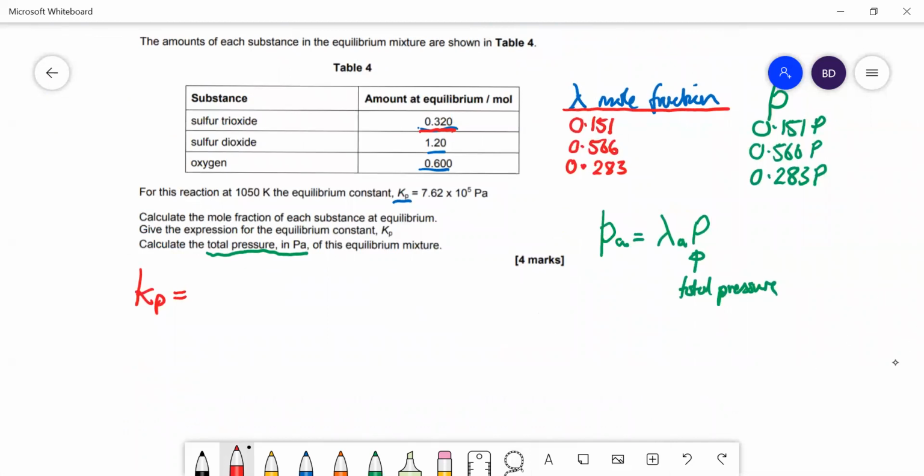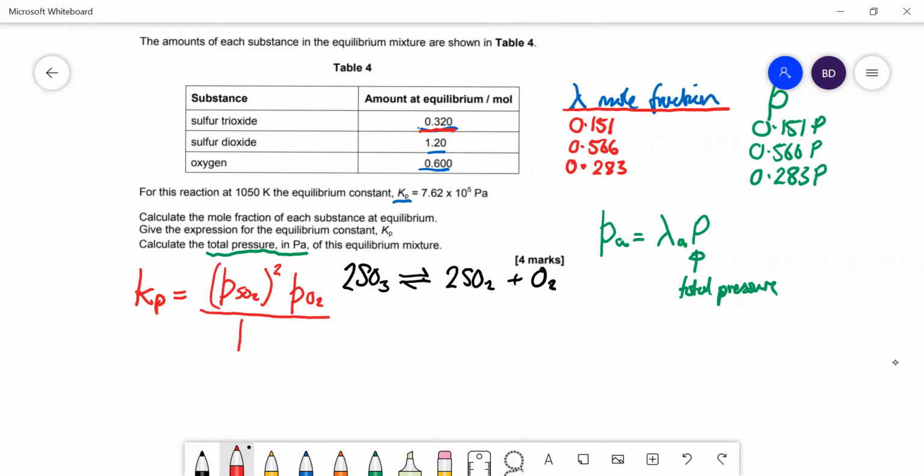We have got, how I wrote it down, SO3 goes to 2SO2 and O2. So Kp is going to be equal to the partial pressure of SO2, and that's going to be squared, the partial pressure of oxygen, and that's just not squared because there's no number in front of the oxygen, divided by the partial pressure of SO3, and that's going to be squared as well because we've got a 2 there.